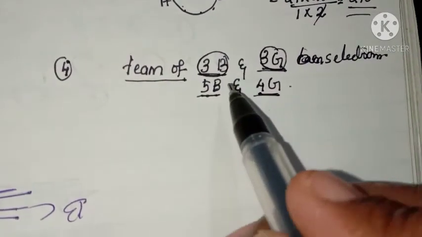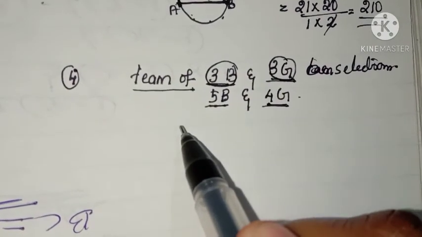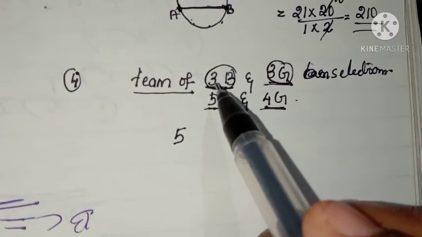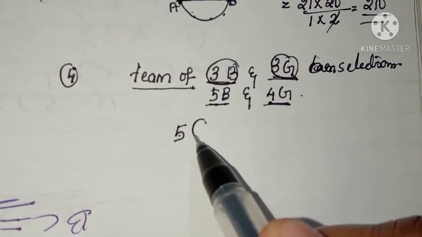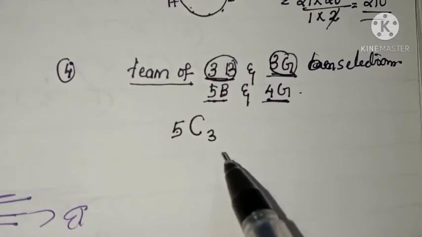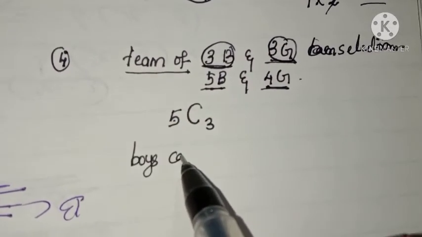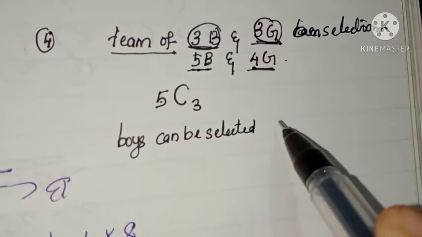So listen, first we are going to select boys. How many total boys we have? 5. And we need how many boys? We need 3 boys. So out of 5, we have to combine 3 boys at a time. So boys can be selected in how many ways?